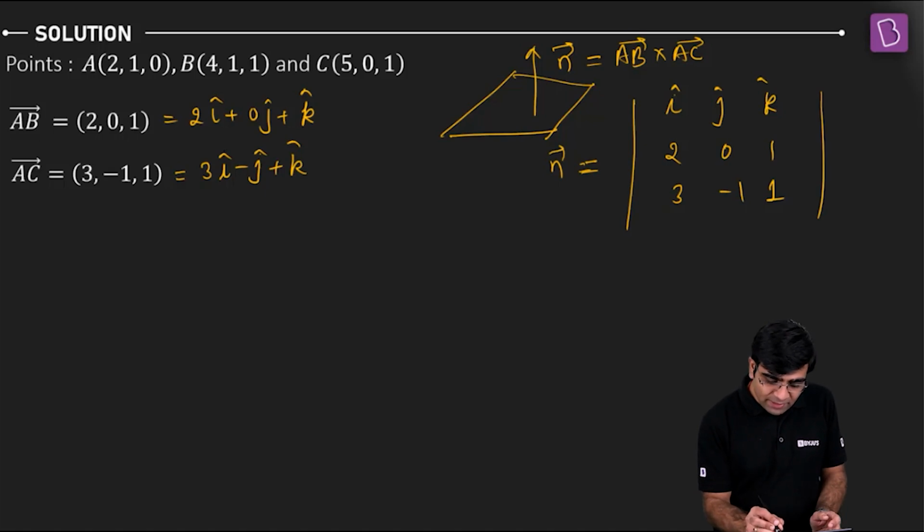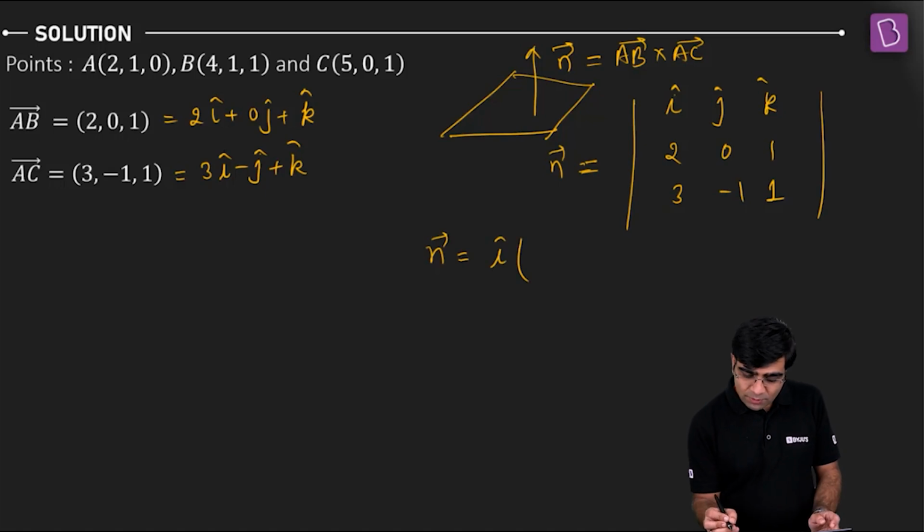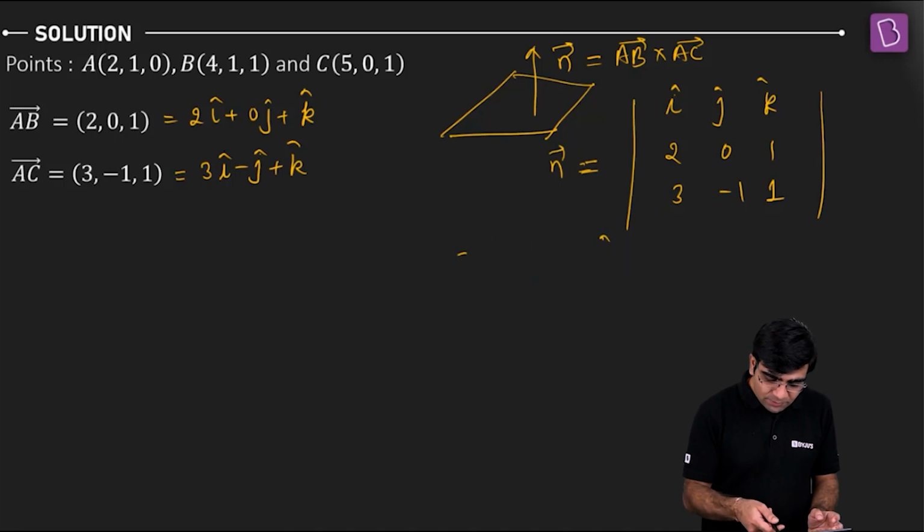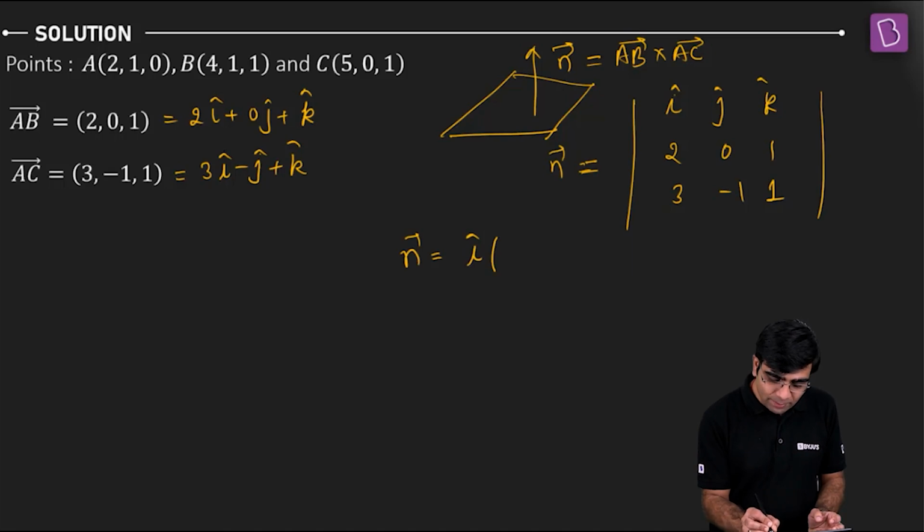So my vector n here will look like i cap times 0 into 1, and minus of minus 1 will give me plus 1. Let me do that calculation once again. So vector n is equal to i cap times 0 into 1 and minus 1 will give me plus 1.